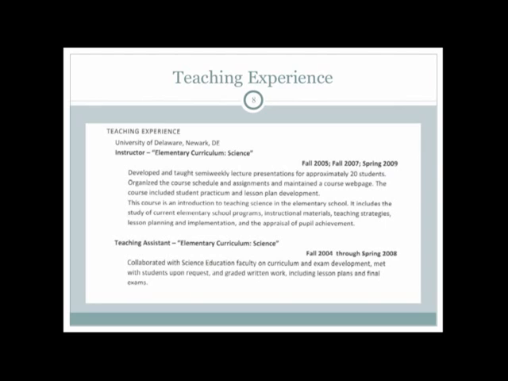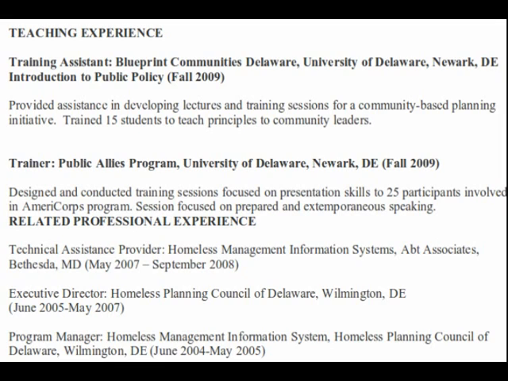So we have, under teaching experience, the place where you taught, your title, and the times when you taught it. And you might break it into different kinds of academic units of time, fall, spring, and so on. You don't need to put the exact months unless there's an overlap, but usually people have a very good understanding of what goes on in an academic semester. You want to use action verbs.